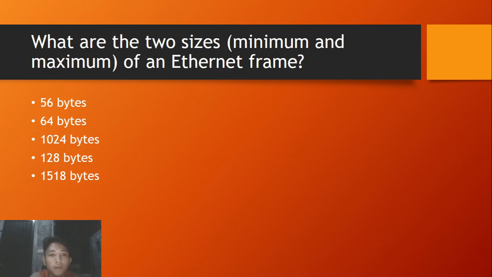The minimum of the Ethernet frame is 64 bytes and the maximum is 1518 bytes. Why? The minimum Ethernet frame is 64 bytes and the maximum frame is 1518 bytes. A network technician must know the minimum and maximum frame sizes in order to recognize runt and jumbo frames.